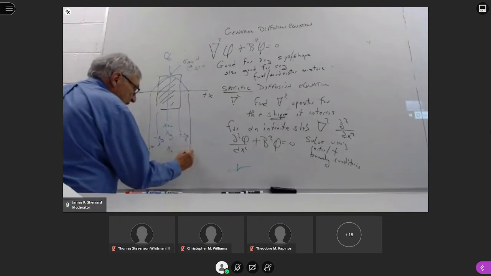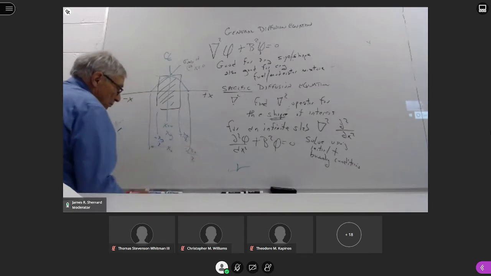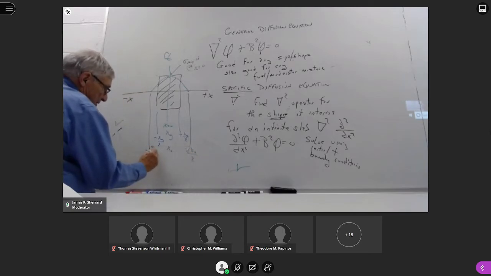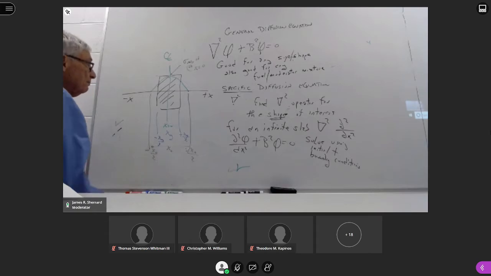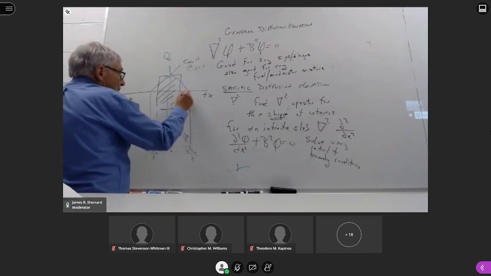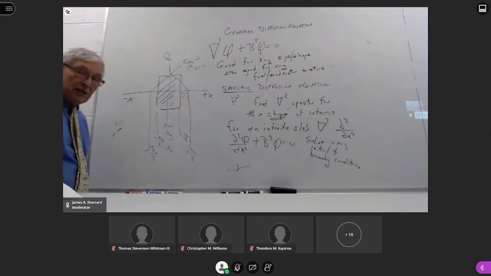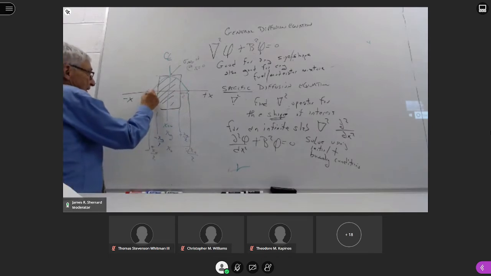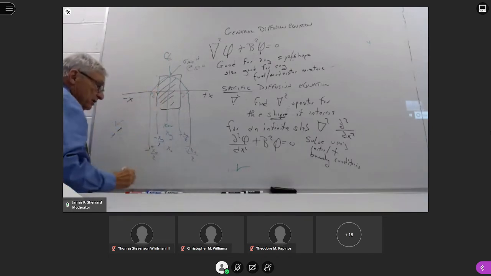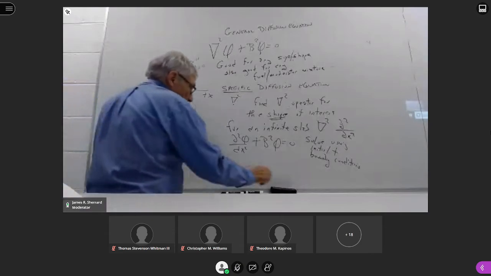So therefore, this point is x of 0 over 2 plus. This is minus x of 0 over 2. This little point here is d, the extrapolation distance. It's the same on this side because it is symmetric.